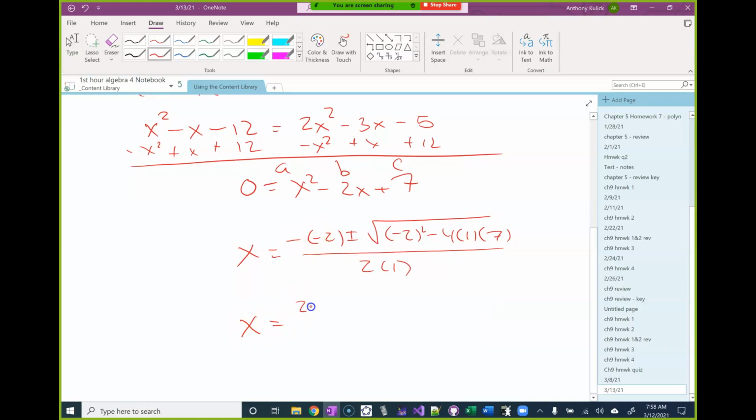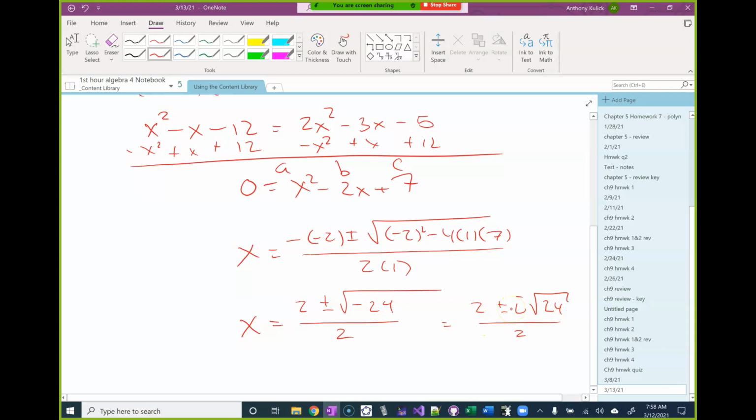So negative of a negative is positive. Negative 2 squared is 4. 4 times 1 times 7 is 28. 4 minus 28 is negative 24, over 2. If we have a negative underneath a square root, that creates an imaginary.